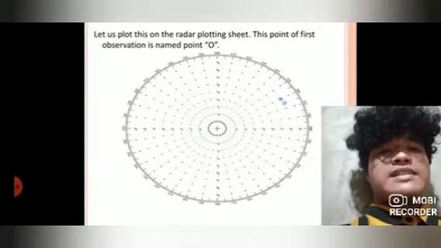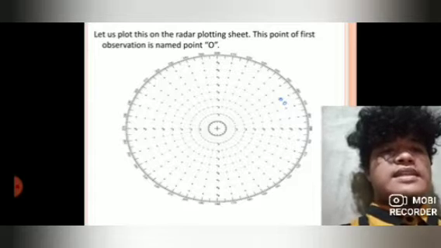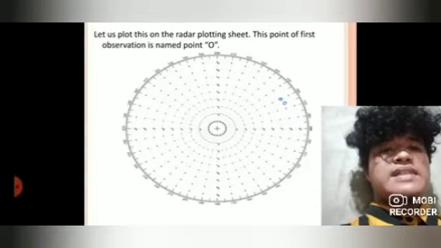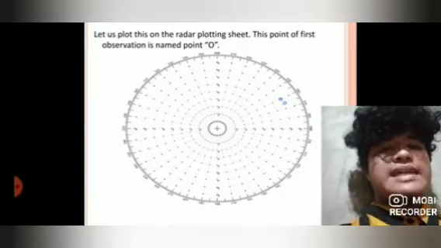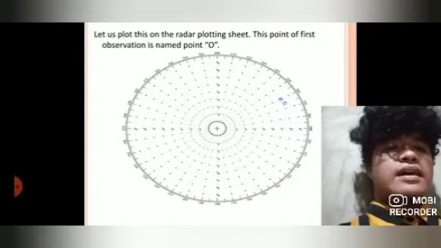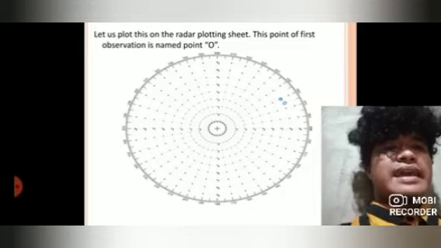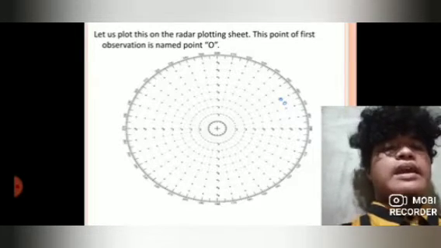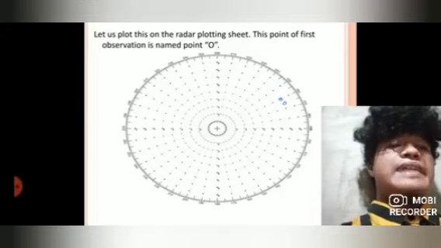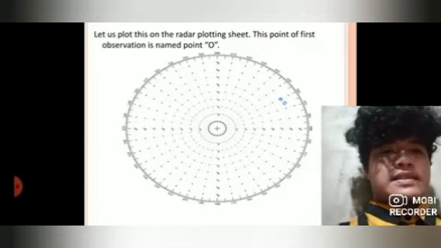Let us plot this on the radar plotting sheet. This point of first observation is named point O. As you can see on the radar, point O is located at 60 degrees bearing and a range of 8.0 nautical miles.